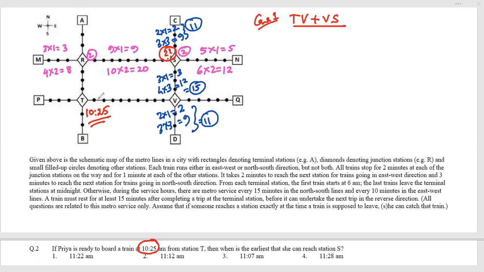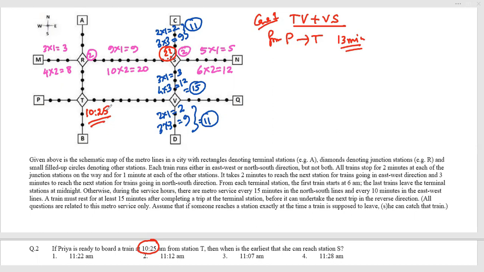So to take the TV train, I first need to know that the train will come from P. From P, how much time will it take to T? It would be this 8 plus 3, 11, 11 plus another 2 minutes. Whenever the train leaves T, it should be 13 minutes. 13 minutes it takes. Now, from 10:25, I need to go back 13 minutes.